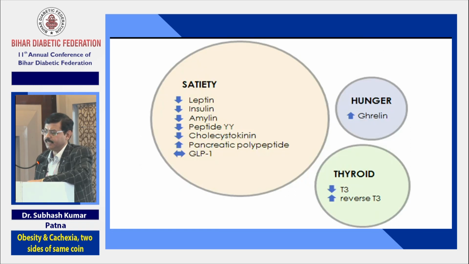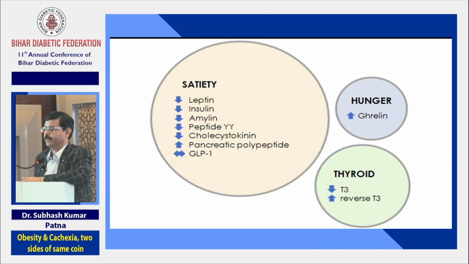So, in a snapshot, other than leptin and ghrelin, the satiety hormones are insulin, amylin, peptide YY, which is very important in that regard, and cholecystokinin, pancreatic polypeptide and GLP-1s. So far we only have GLP-1s which have an effect on satiety.